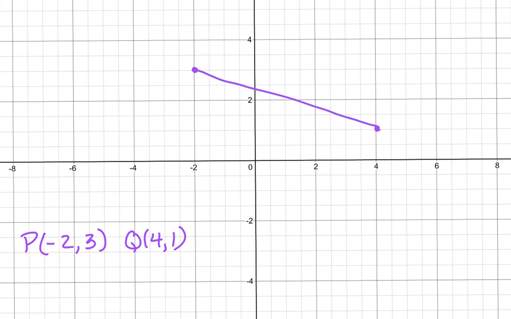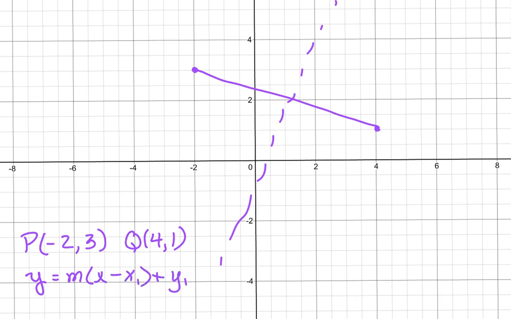What I want to do is find the equation of that perpendicular bisector. The perpendicular bisector should go something like this. I need two things for that perpendicular bisector. I need to know its slope. I also need to know a point that it goes through. And once I get to that point, I can use my y equals m times x minus x1 plus y1.